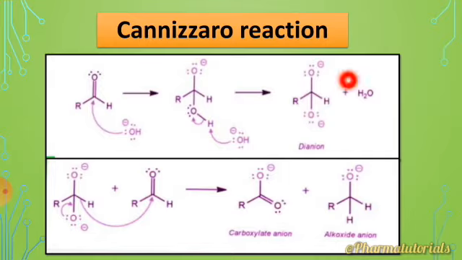In the second step, this intermediate can function as a hydride reducing agent. Due to its unstable nature, the intermediate releases the hydride, and the hydride proceeds to attack another aldehyde. Now the doubly charged anion is converted into the carboxylate anion, and the aldehyde is converted into the alkoxide ion.